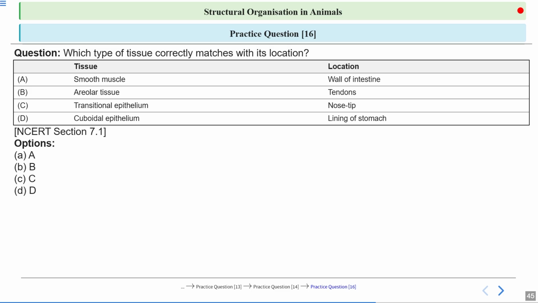B, areolar tissue, tendons. C, transitional epithelium, nose tip. And D, cuboidal epithelium, lining of stomach. So this question is coming from the NCERT section 7.1 and the options are A, B, C, D. Let us see the answer.